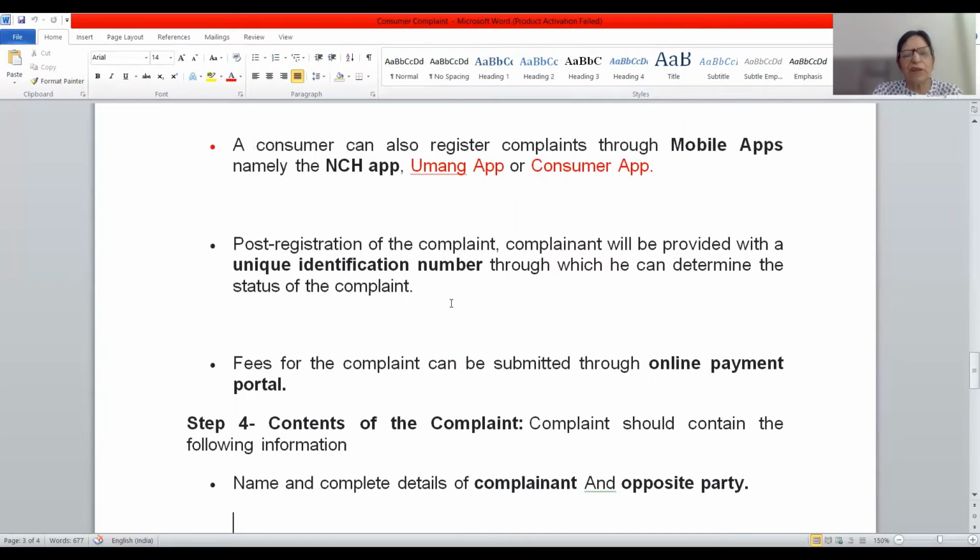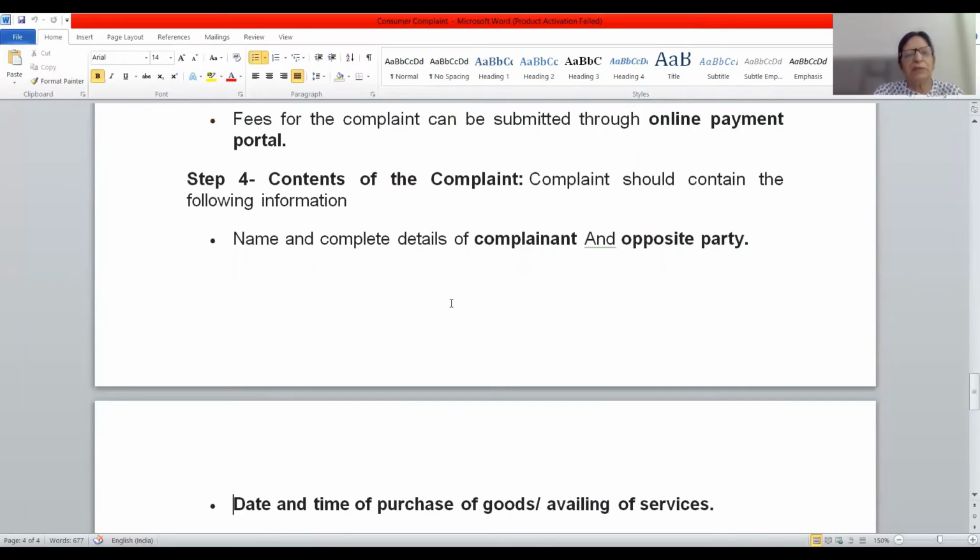Step number 4, friends, is: what should be the contents of the complaint? The complaint should contain the following information. The very first point is the name and complete details of the complainant and the opposite party.